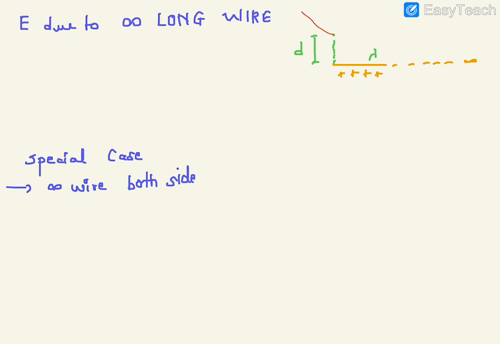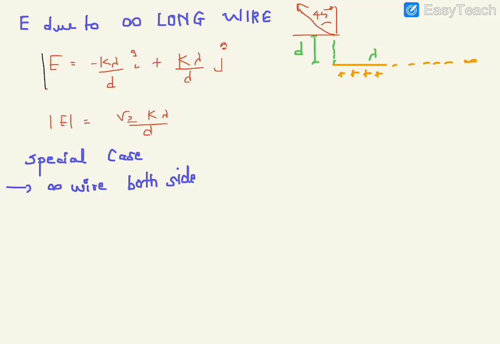So my electric field will be along 45 degree, and the value of my electric field will be minus k lambda by d i cap plus k lambda by d j cap, or if I take the modulus, it would be root 2 k lambda by d. But I would ask you to remember the vector formula. It's just inclined by angle 45 degree on the other side of the line charge.